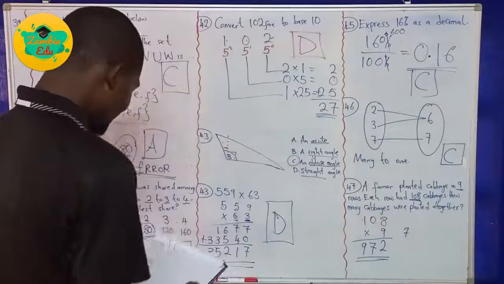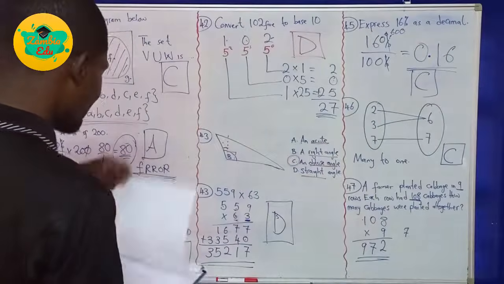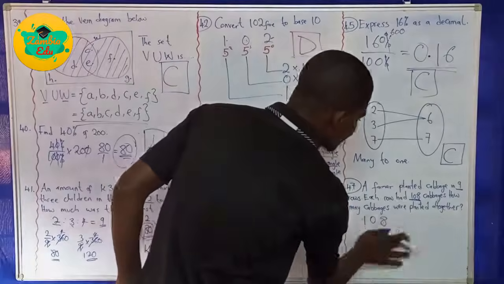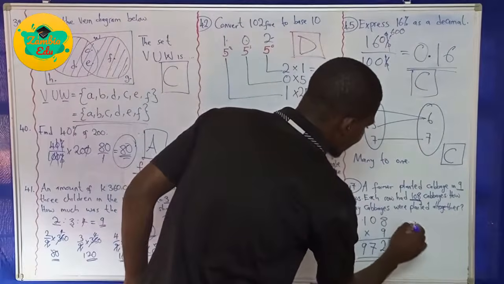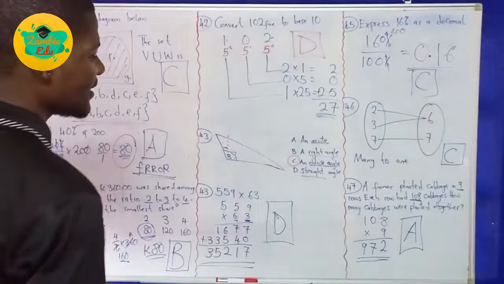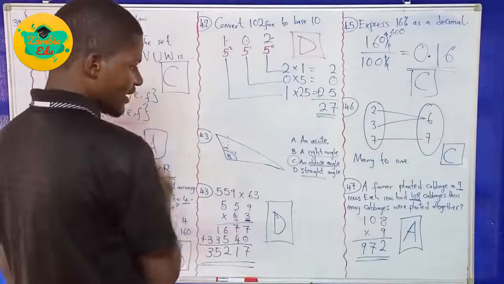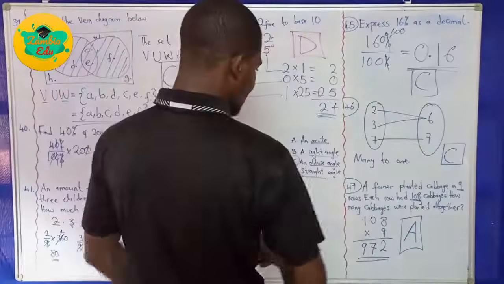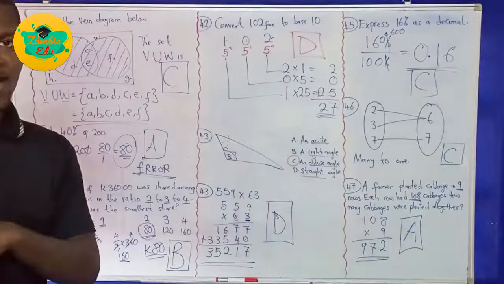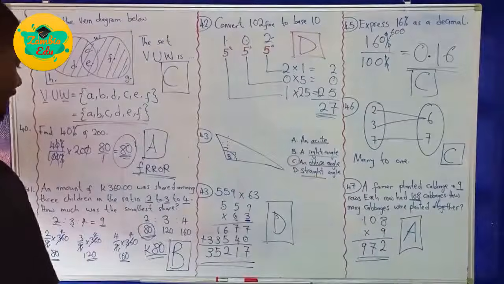And 972 was represented as option A. So this means that this farmer had 972 cabbages, heads of cabbage, all together, and that was represented on option A. We now go to question 48.